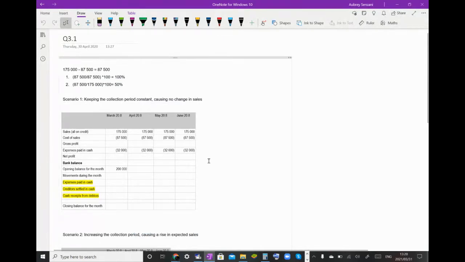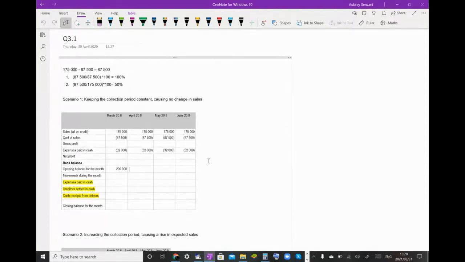Like I said, we're doing question 3.1. Under the required, it says, calculate the markup percentage applied to Benmore Traders. Markup percentage firstly, then secondly, calculate the corresponding gross profit percentage.